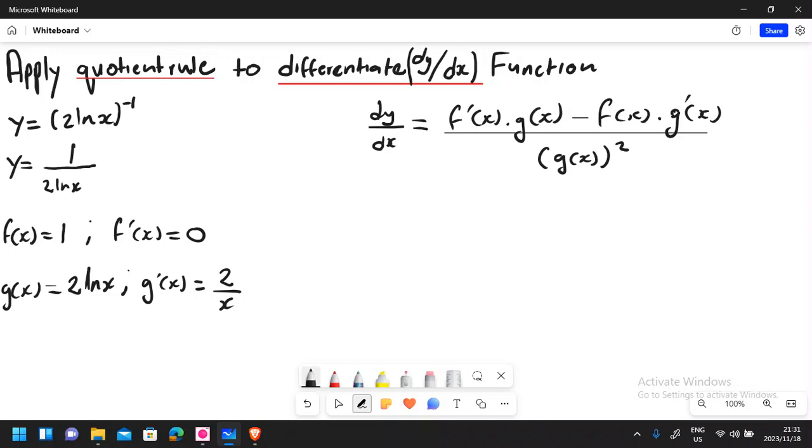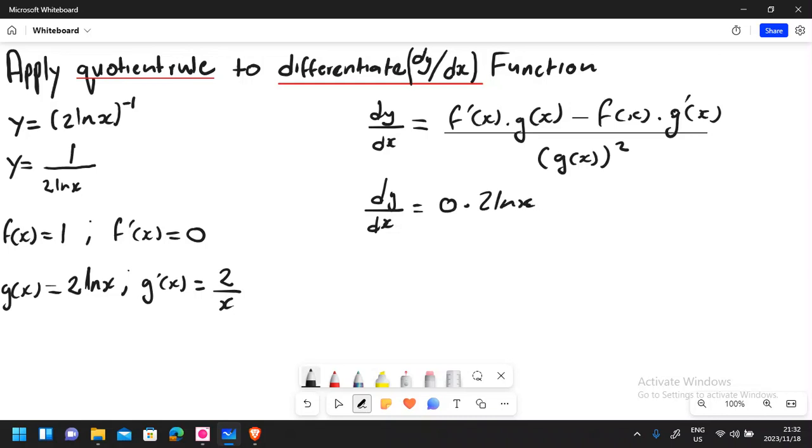All right, so the only thing that is left for us here is to just substitute. So what is f prime of x? By the way, this is f prime of x, the derivative of f of x. So it's going to be 0. So 0 multiplied by g of x, where g of x here is 2 natural log x.